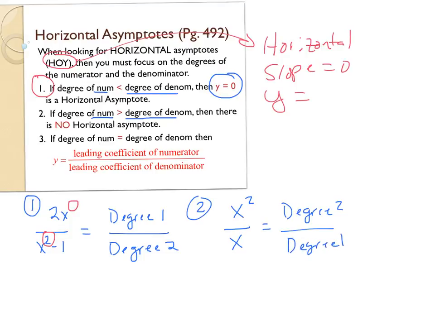So based on this, we have no horizontal asymptote. Well, let's think about the picture of this. This piece would reduce, right? And we would reduce to just x. Well, think about the graph of just x. It's a straight line. There's a hole in the graph, but there's no horizontal asymptote. So that's number 2.